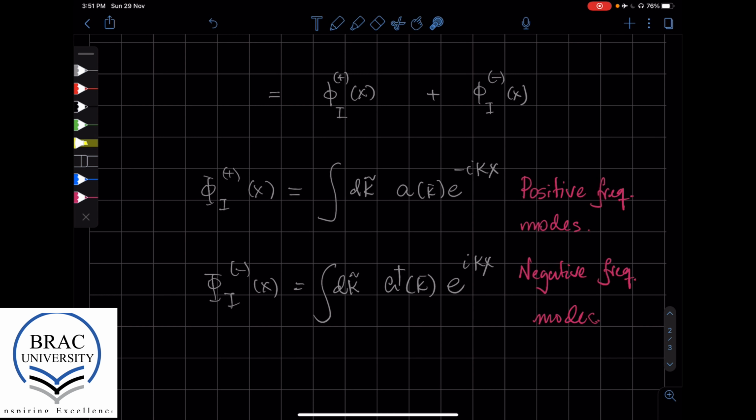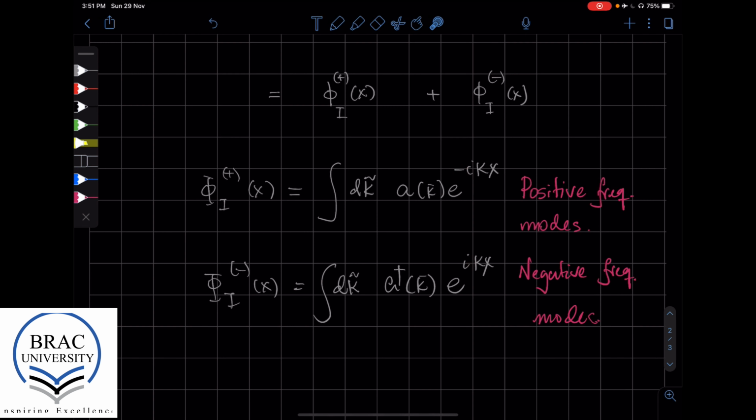So these names are historical, and it's important to keep in mind that the positive frequency mode has a negative sign here, and the negative frequency modes have a positive sign here.